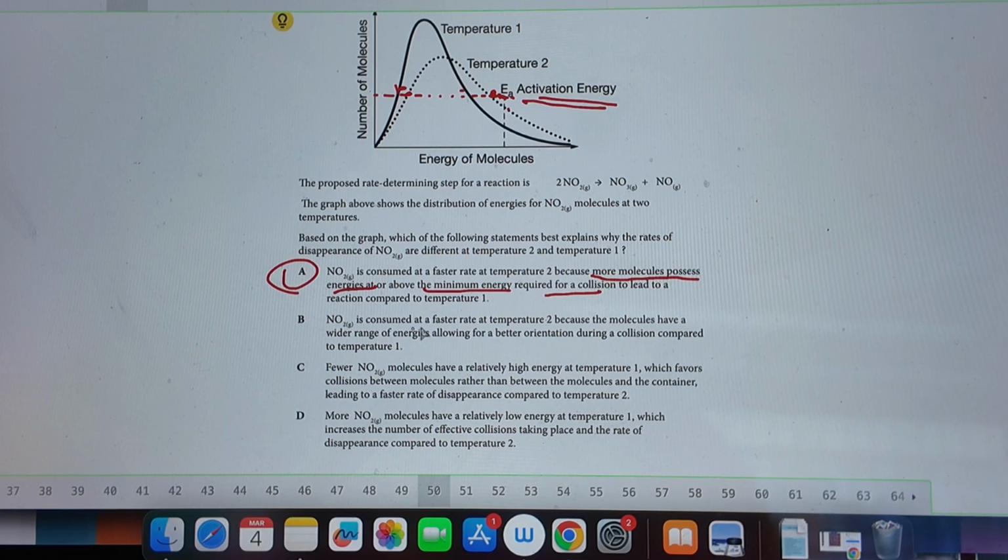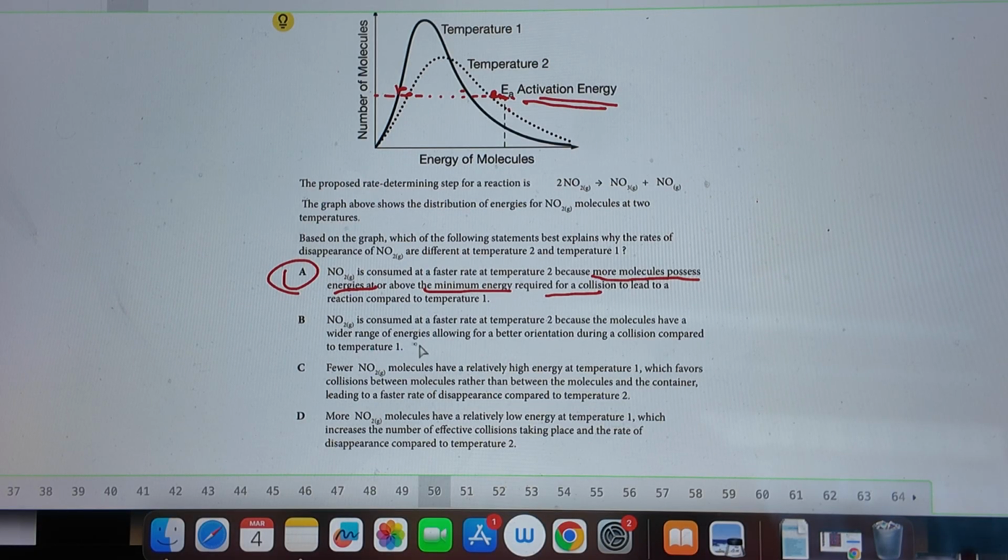B says NO2 is consumed at a faster rate at temperature 2 because the molecules have a wider range of energies. That's not how this works. You just have to reach the activation energy to be able to go through the reaction.